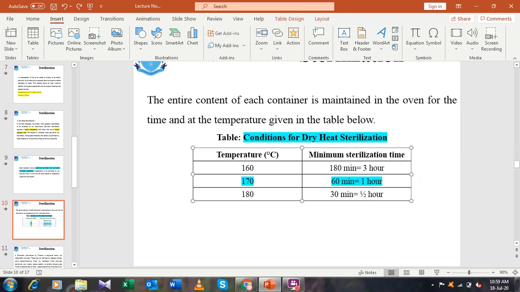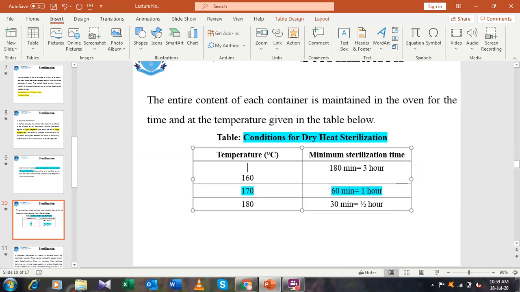And if we reduce it, if I put the value of 150, then what will be the time? The time will be more than 180, more than 3 hours.